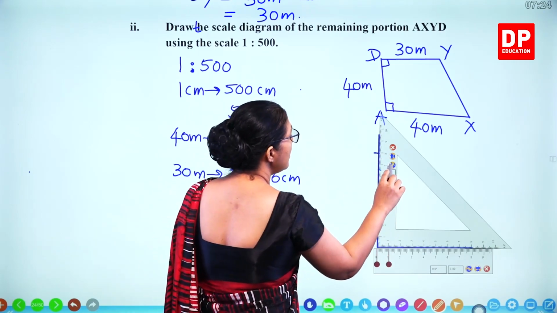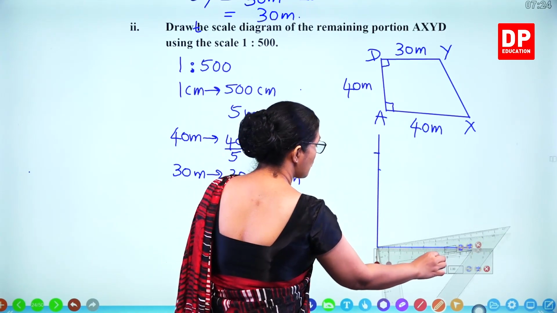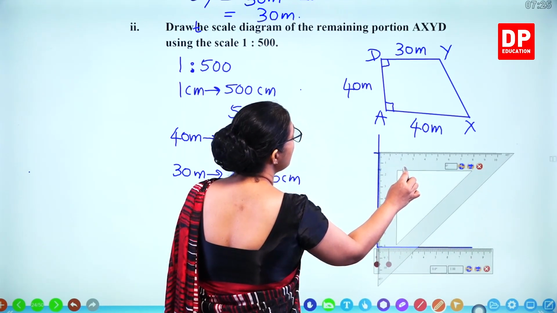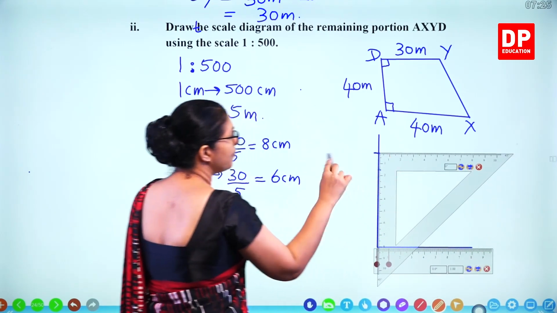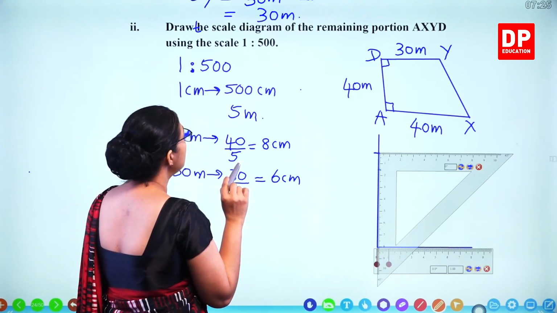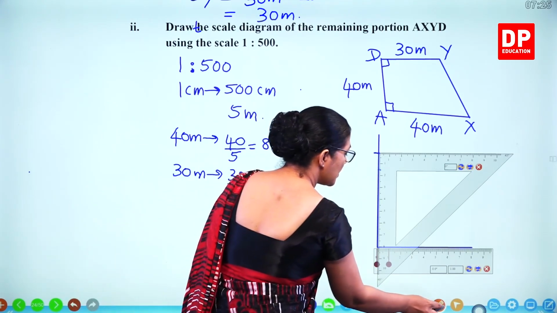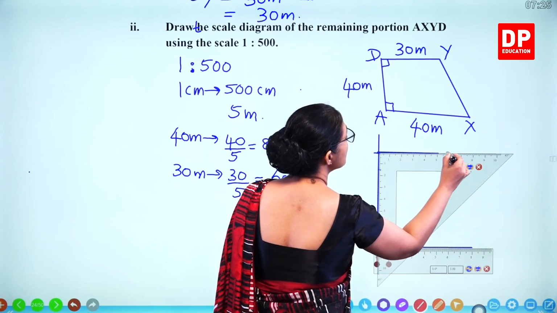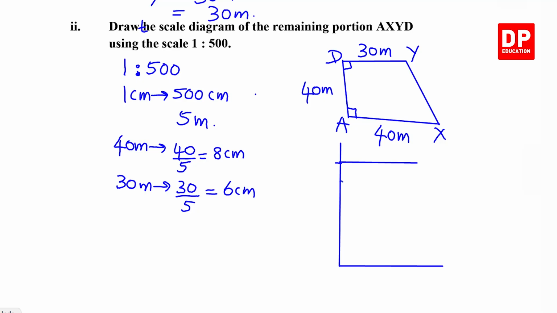So we can rotate the set square and keep it here. That's perpendicular, and now 30 meters means 6 centimeters. From here 6. Now you can connect this point and this point.